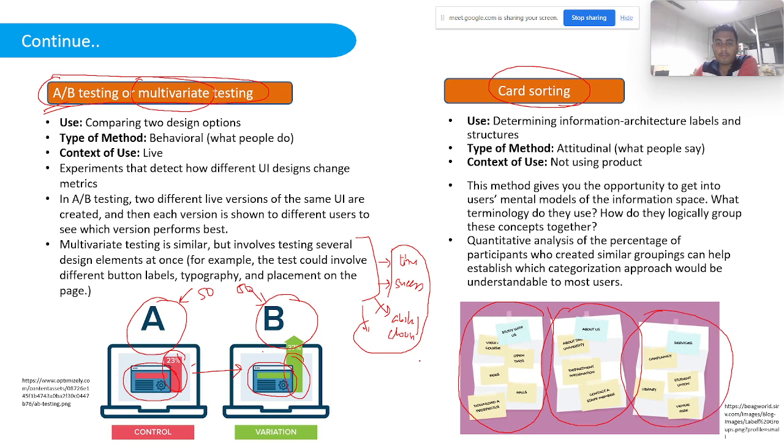So basically, when you give the same task of card sorting to multiple users, or to a large user group, probably each will have a different mental model.